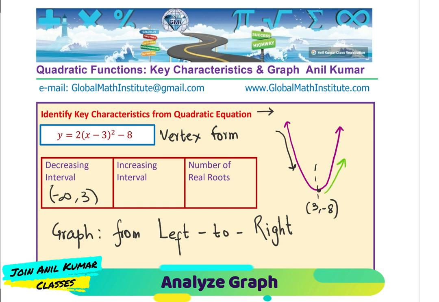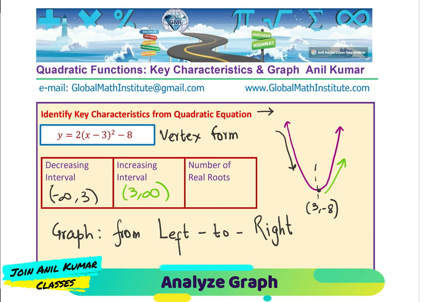And therefore, we have the increasing interval from 3 to infinity. Makes sense? Now, when I write interval notation with these brackets, it means that we are not including 3 in either case. And of course, infinity cannot be included, right? So is that clear to you?